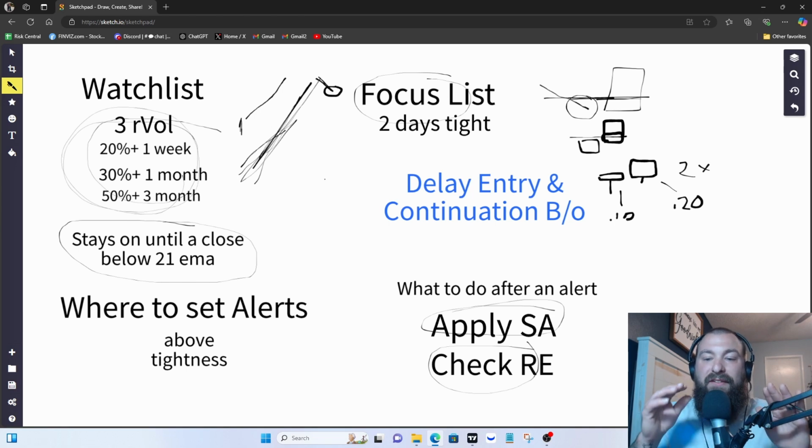Once you can manage that, you only have 3 to 5 names on a focus list. You're not in the session looking for a stock that's breaking out. You've done the work, you have a process, you have trust and confidence in the process, and when you're trading breakouts after tightness, you really are coming from a very low risk perspective and have really great success.